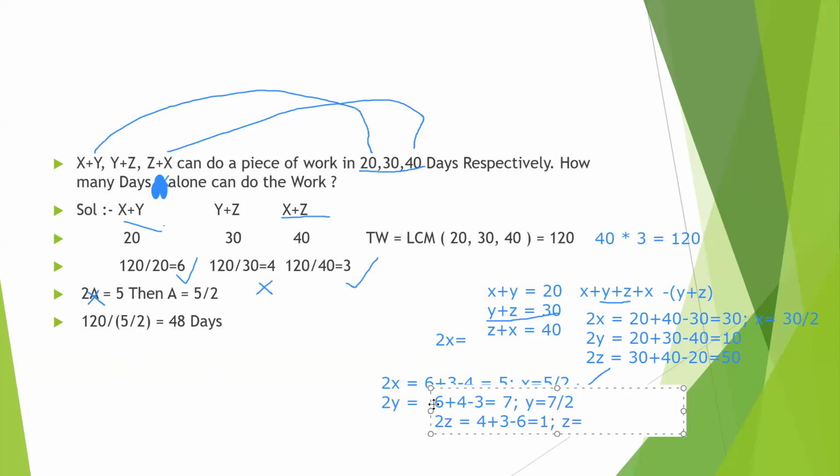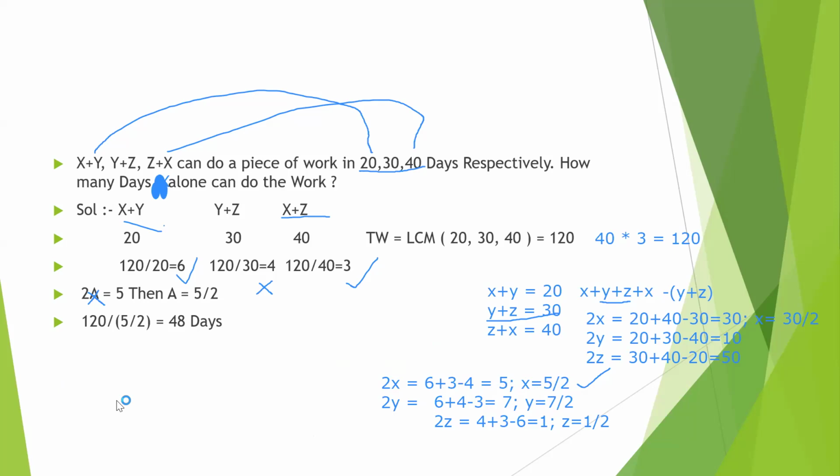That equal to 1 by 2. In this way, we calculate the individual values of x, y, and z. Now we know the individual work x, y and z can do in one day.